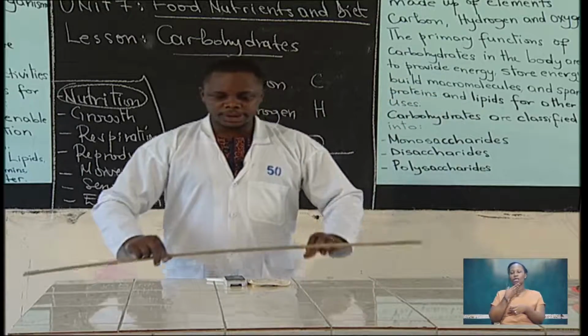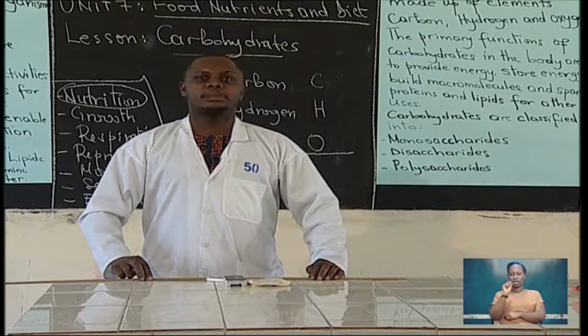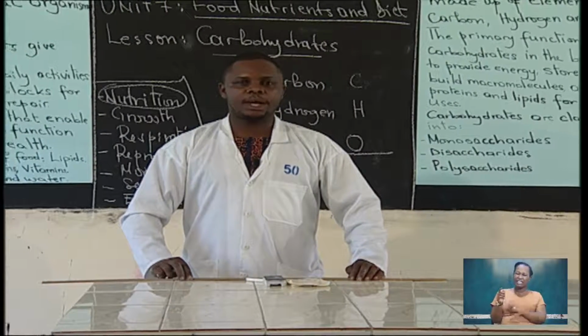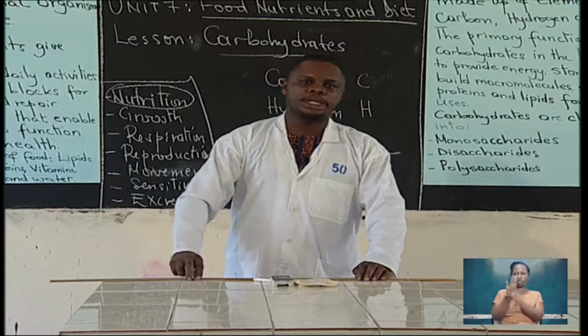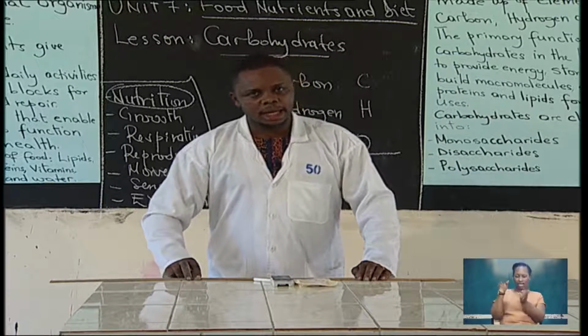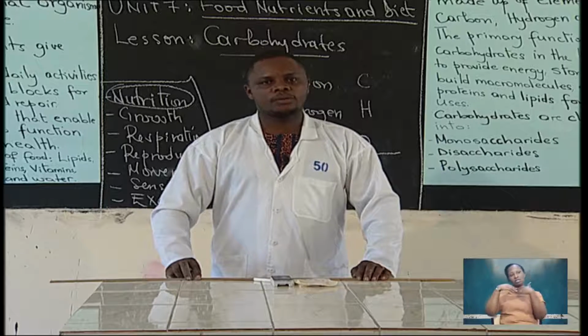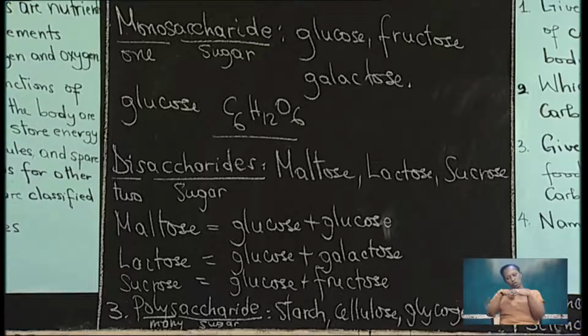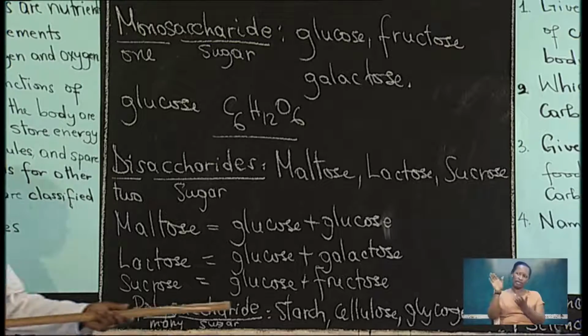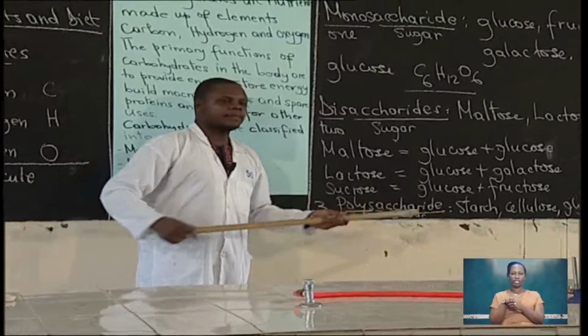Starch is found in plants. Remember, plants can store food in leaves, plants can store food in stems, or plants can store food in roots. It depends on the type of the plant. Now, they store food in the form of starch.